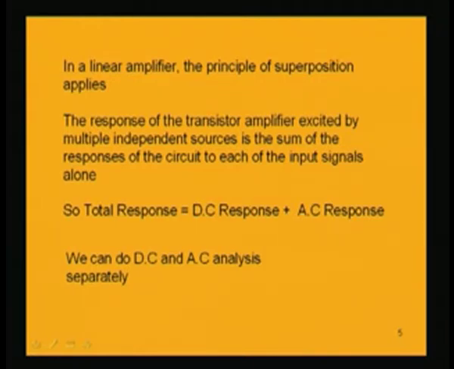Like, when we apply DC voltage, we will have the DC equivalent circuit, and we can analyze the transistor under DC condition, and when we apply the AC signal, we will consider the transistor in the AC condition. So, that is the advantage of the active transistor, operating in the active region or linear region.